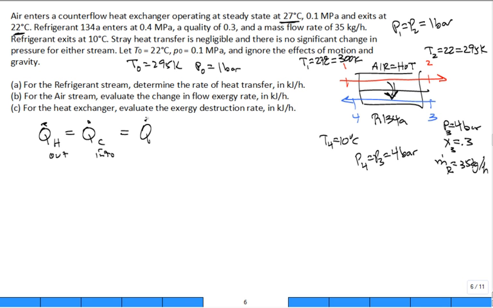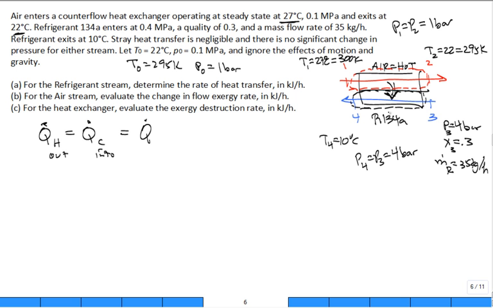Do a control volume either around the hot fluid or around the cold fluid. If we do an analysis of the hot fluid, we may be able to tell what comes out of the hot fluid. That's what goes into the cold. Or if you do a control volume analysis around the cold fluid stream, the refrigerant stream, what comes into it would work.